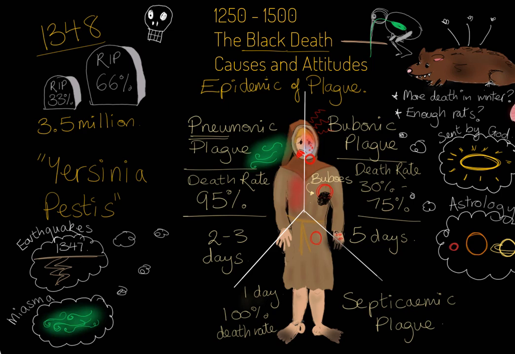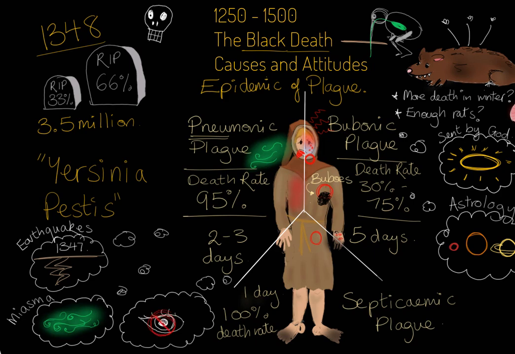People did have an idea that spending time around plague victims could lead to you catching the plague yourself, and in the case of pneumonic plague, this may have been true, but they didn't understand how, and some people believed that looking into the eye of a plague victim would make you catch the disease. So if they saw somebody with the plague or somebody who looked quite poorly, then they might refuse to look at them.